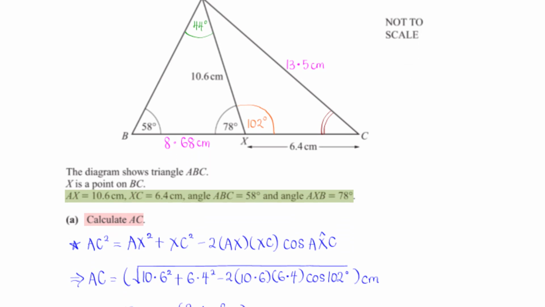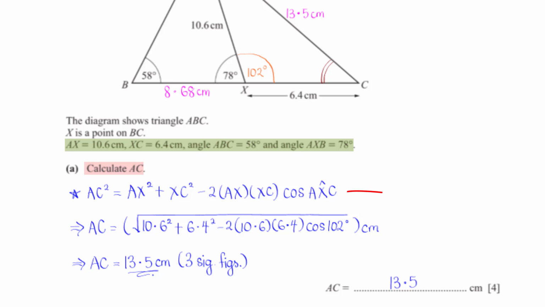rule. And so when we apply the cosine rule, we have AC squared equals AX squared plus XC squared minus 2 times AX times XC cosine of angle AXC. So AX equals 10.6, XC equals 6.4, and angle AXC equals 102 degrees.